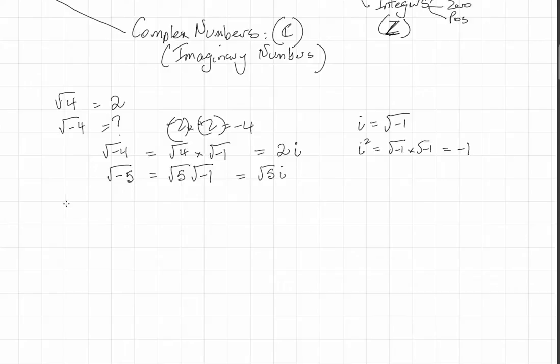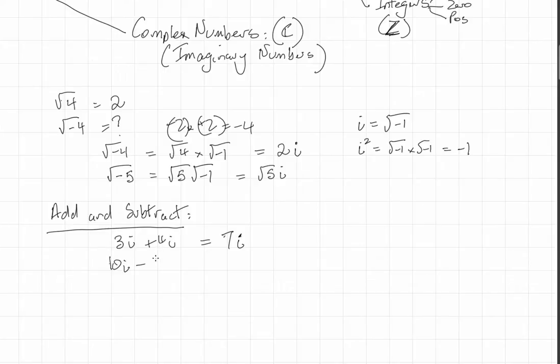So if we had, for instance, add and subtract, 3i plus 4i, we simply just add the numbers together. 3 plus 4 is 7i. 10i minus 3i, also, voila, 10 minus 3 is 7, 7i.